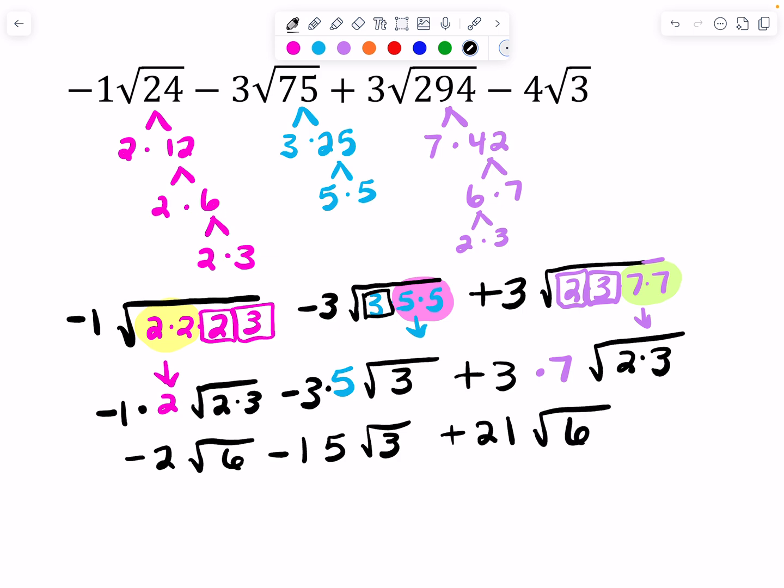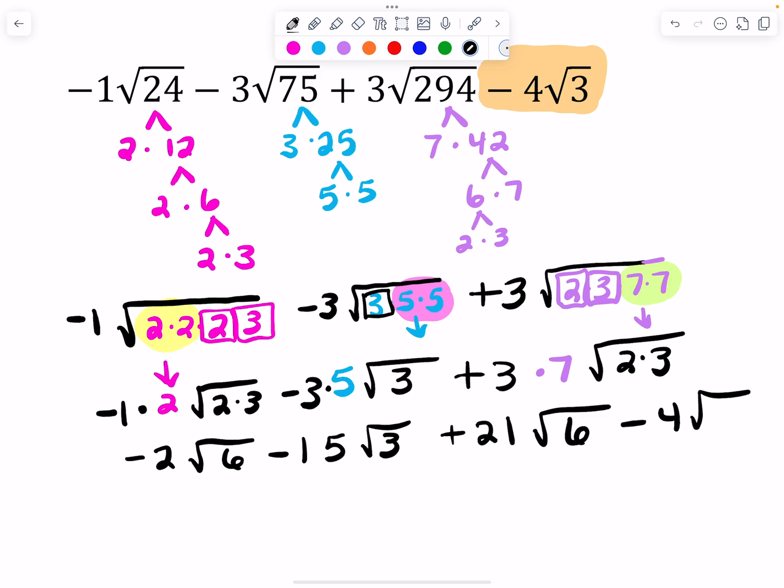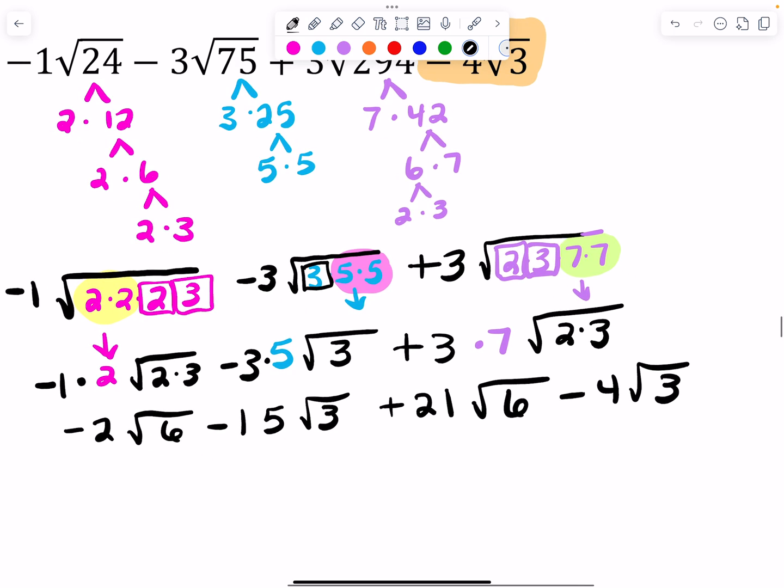Now, we can't forget to come back up to our question to see if we have another term here. So we're going to bring that minus 4 square root of 3 down to the bottom. So don't forget that this drops down into our question.